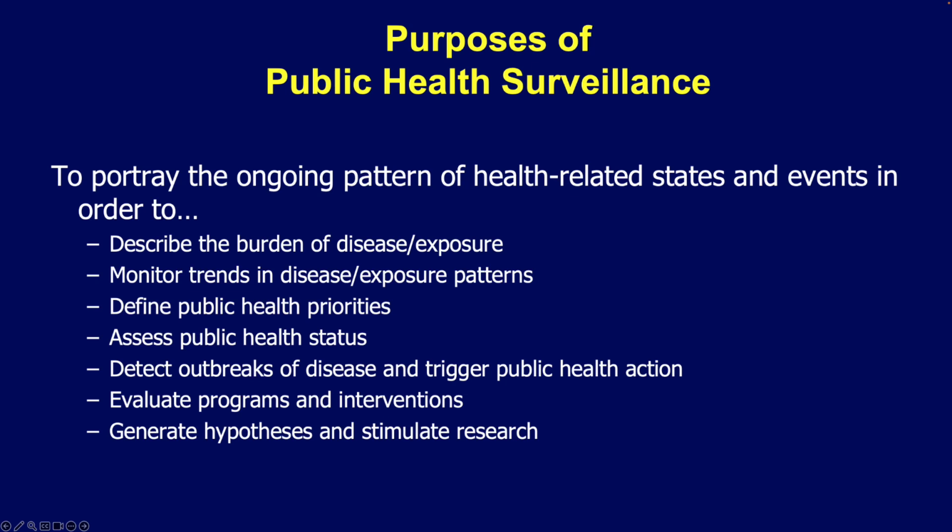So we want to have surveillance in place, even when there may not be things happening, so that they're ready in the event that a health threat needs to be detected right away after it begins, like outbreaks due to certain pathogens or like lead or other chemical contaminants in the water supply.